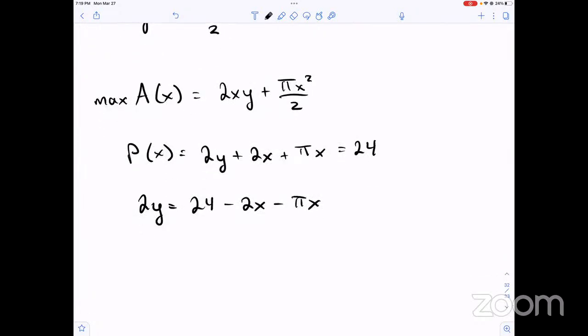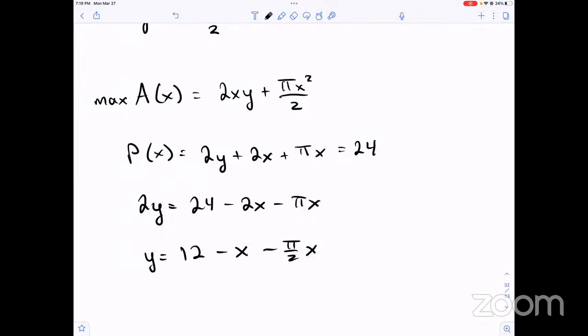Y equals 12 minus X minus pi over 2 times X, right? You could combine like terms there, but this is good enough. So now we got Y in terms of X, so let's plug this into our area formula.